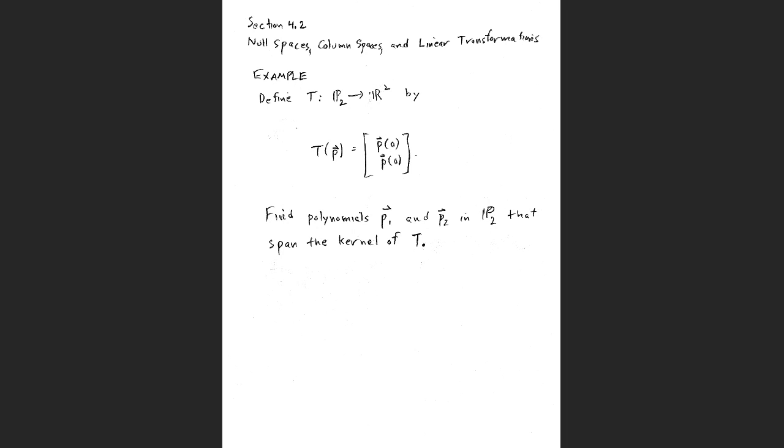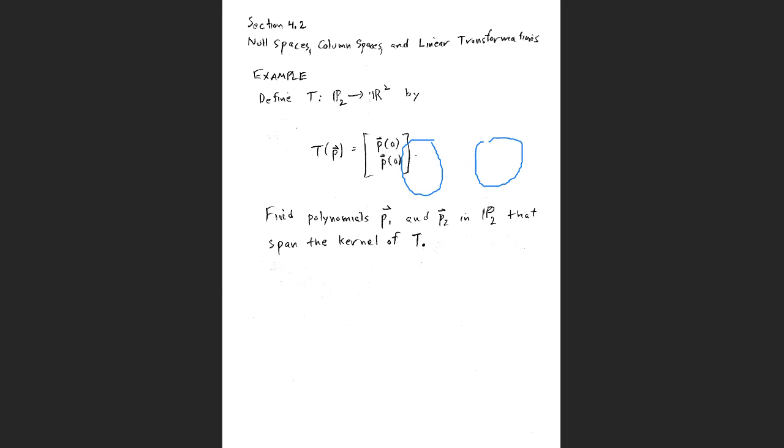Okay, in this problem, we have a transformation taking vectors from this P sub 2 space and mapping them into R sub 2 space. We know R sub 2 space is vectors in the xy plane.